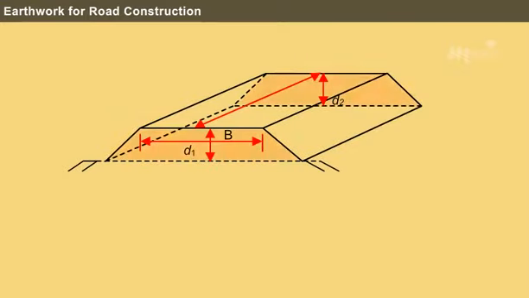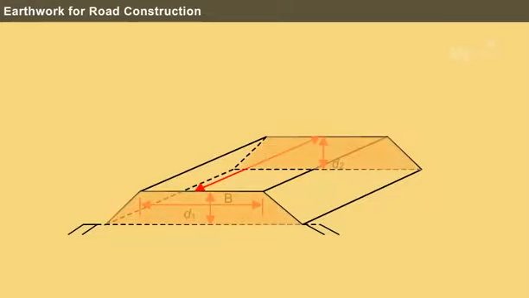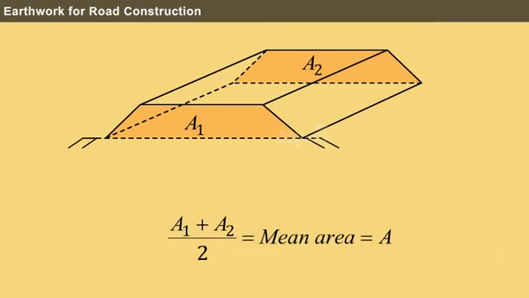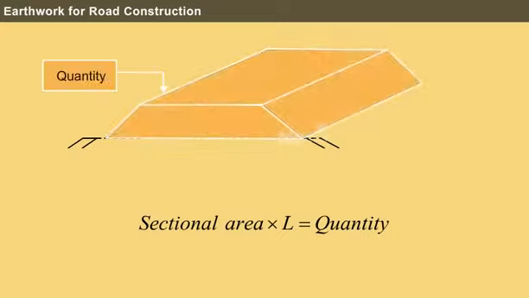The depth of the two sides, that is D1 and D2, is added and divided by 2 to get the mean height. Using these values, the cross-sectional area of the trapezium is calculated. The cross-sectional area is also calculated separately at varying depths, and the mean sectional area is computed at last. This sectional area is multiplied with the length to get the quantity.